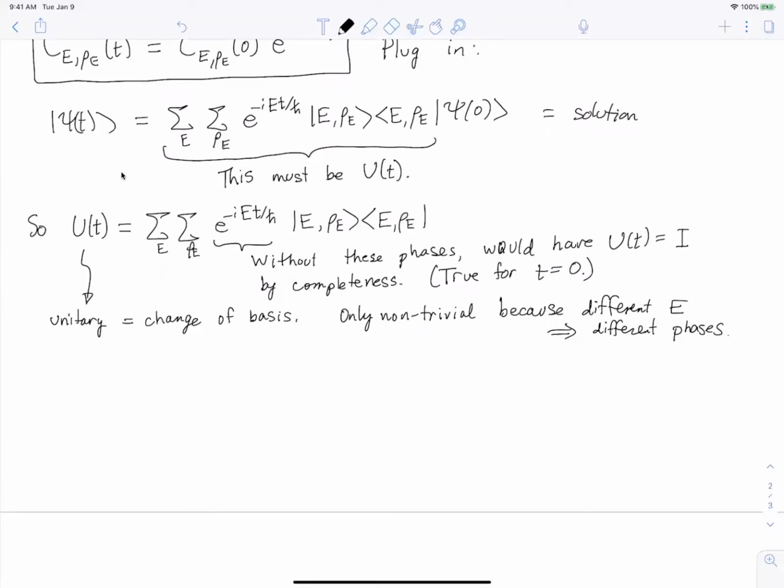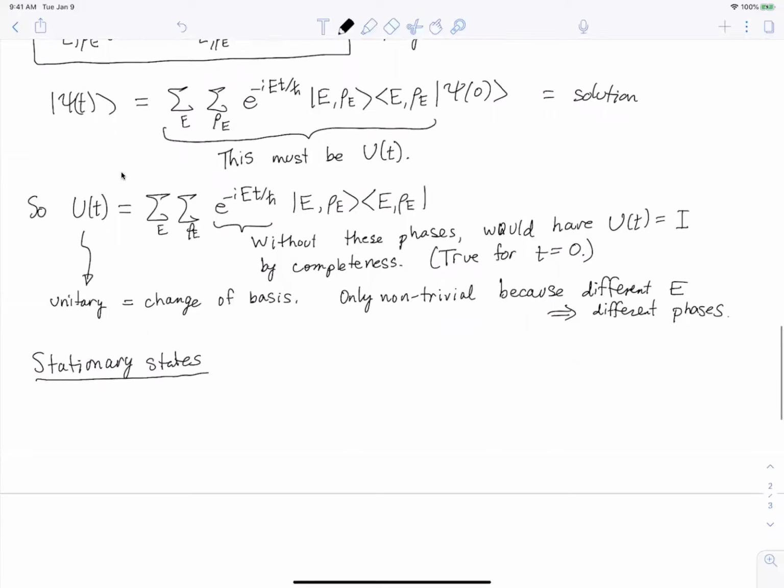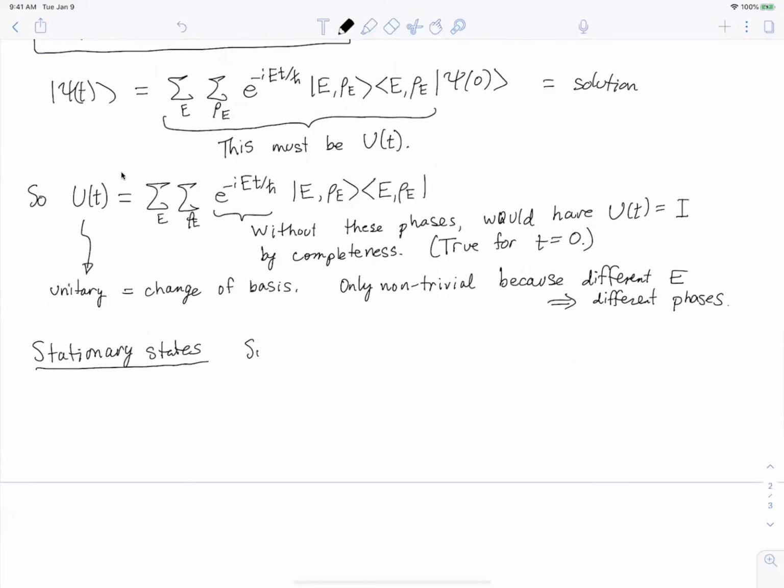So in fact, just to formalize that, that gives rise to the concept of stationary states. Okay, and stationary states are just states that are eigenstates of energy. So suppose that at time t equals 0, my state is an eigenstate of energy.